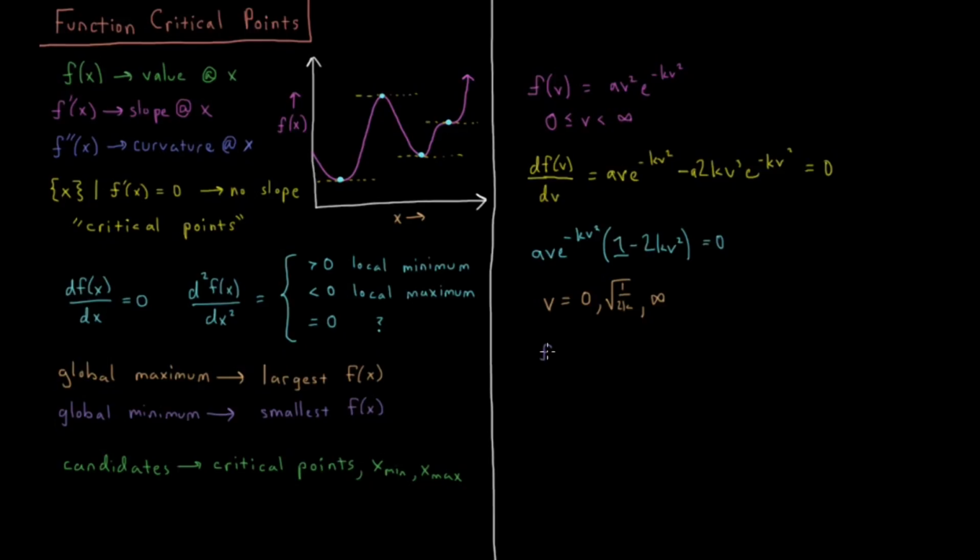So f of 0: if v equals 0, this whole thing is 0, so that's 0. F of the square root of 1 over 2k is going to equal, well, the square root of 1 over 2k squared is 1 over 2k, so this part in front is a over 2k.